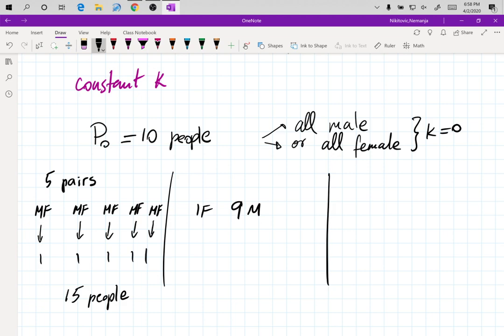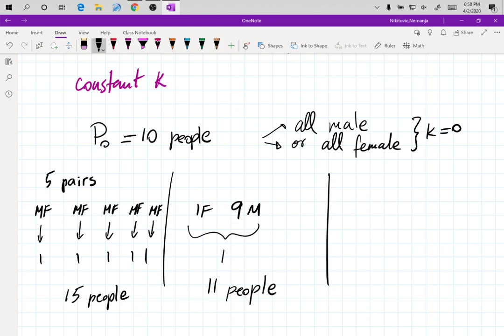Remember, female is the one that carries babies. So if I have 1 female and 9 male, these guys are going to figure out who's the alpha. We're going to have 1 offspring, moving into the next year with 11 people. So you see that you are still starting with 10, like you started here with 10. You started with 5 pairs, you started on the other one with 10 people, and the outcome at the end of the year is different.